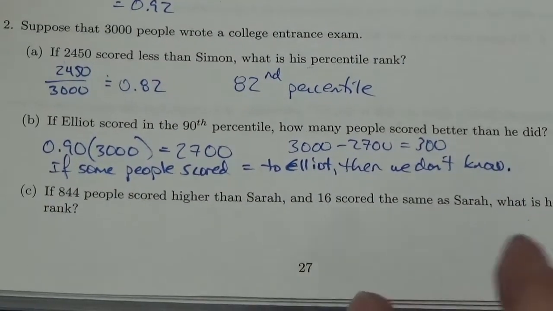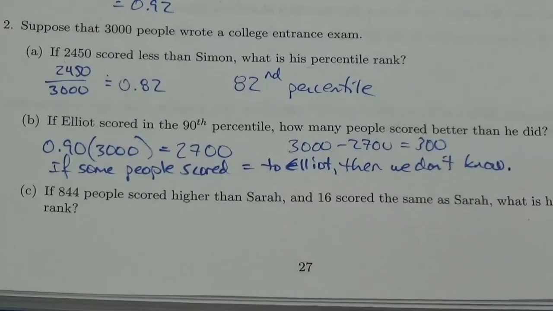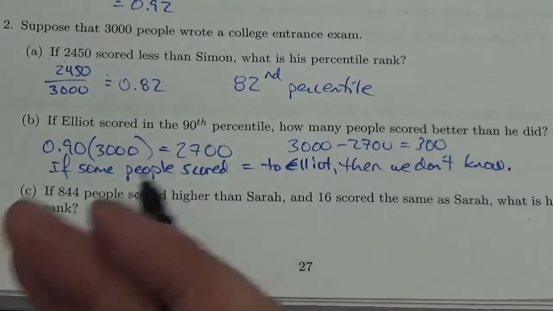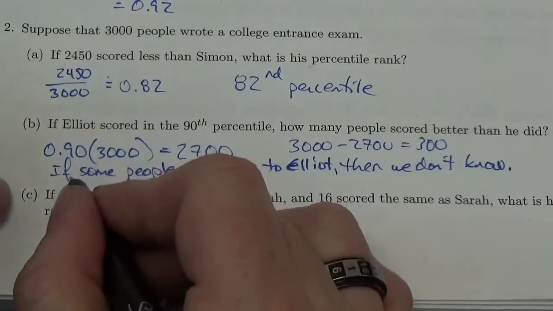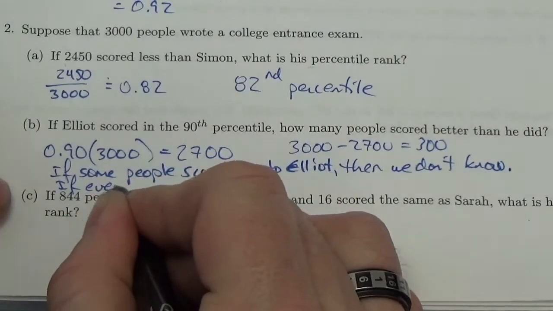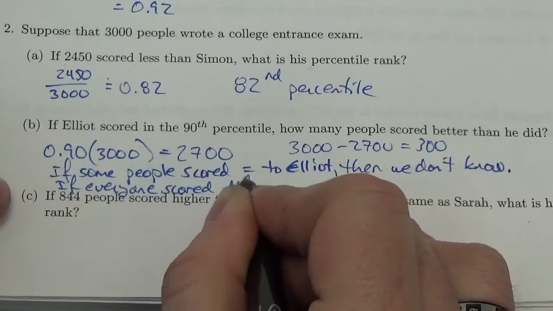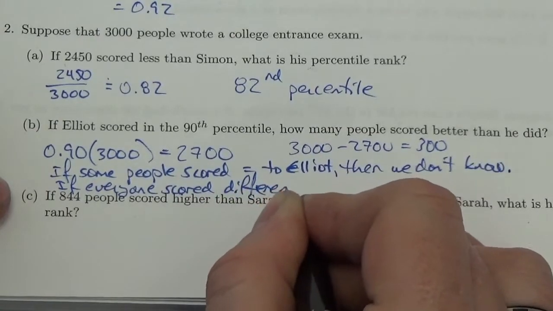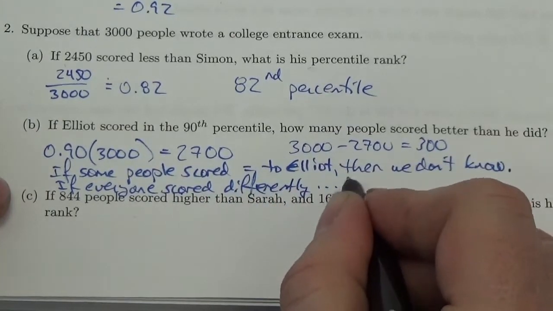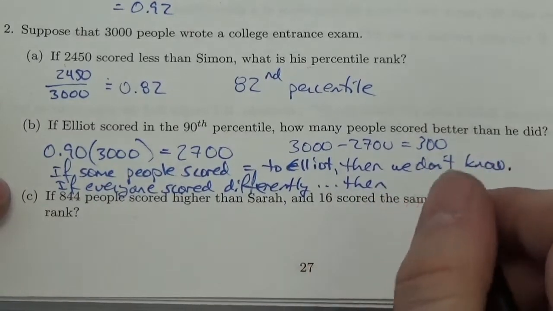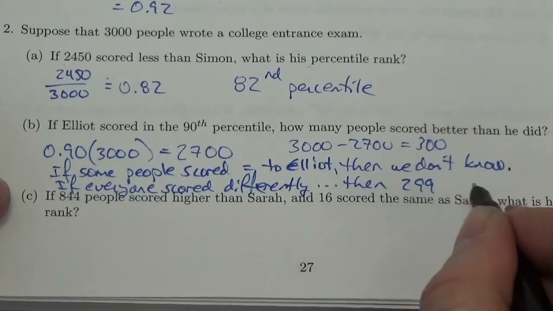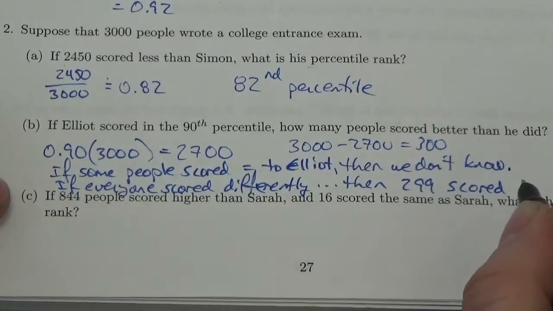I can't tell you, because if they don't tell me how many people scored the same as Elliot, then I have no idea how many people did better than he did. But if everyone scored differently, if everybody has a unique score on here, then I know that 299 scored better than he did.